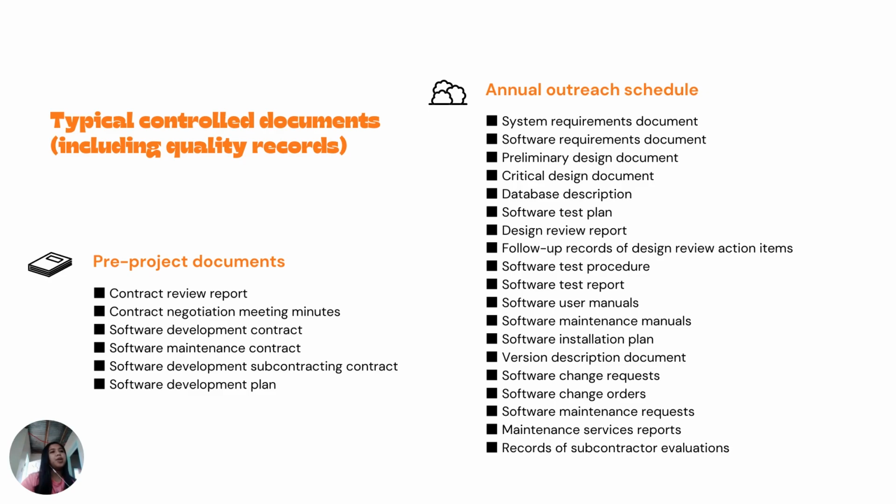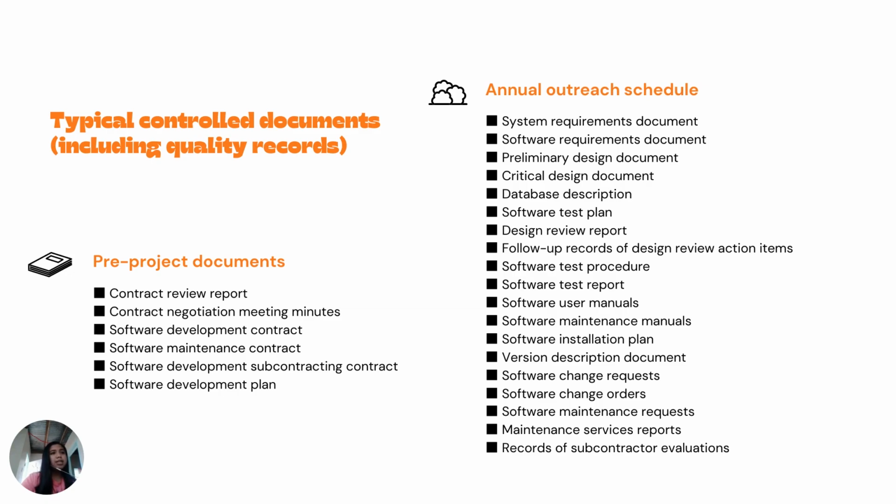So next is the presentation of an overview of the types of documents that may be categorized as control documents. An examination of the document list reveals that a good number of control documents may be classified as quality records. The magnitude of the list and its composition vary between organizations and depend on the characteristics of the customers in addition to those of the software packages.